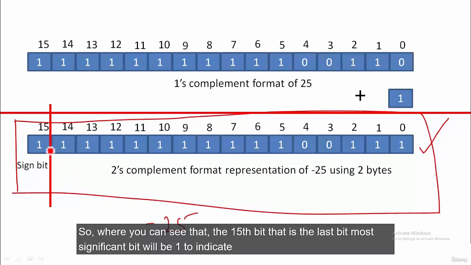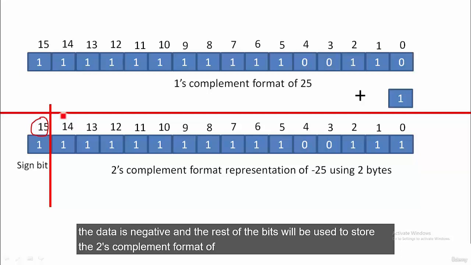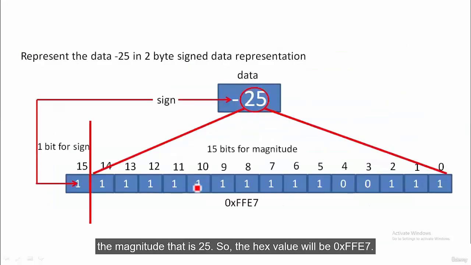Here you can see that the 15th bit, that is the last bit, the most significant bit, will be 1 to indicate the data is negative, and the rest of the bits will be used to store the two's complement format of the magnitude, that is 25. So the hex value will be 0xFFE7.